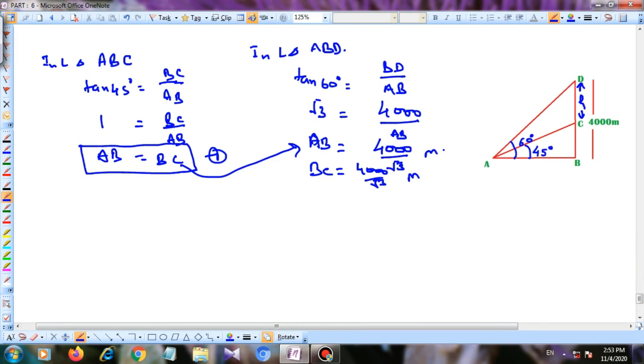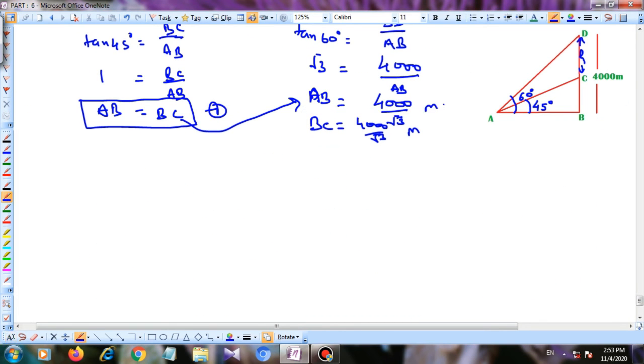Now we want the distance DC, which is equal to BD minus BC. Clear? BD is 4000 and BC is 4000 by root 3. Take LCM and solve.